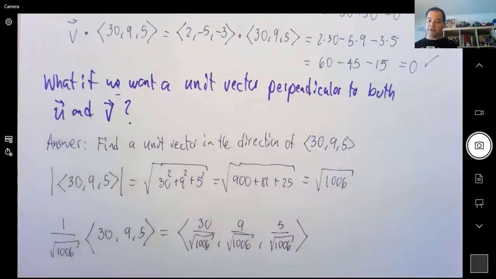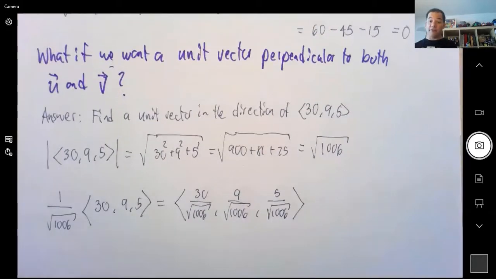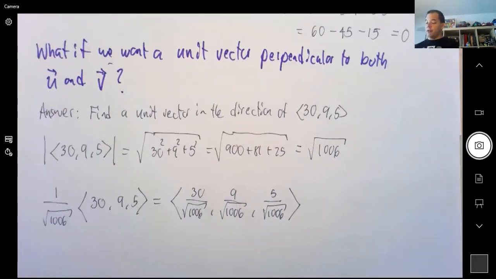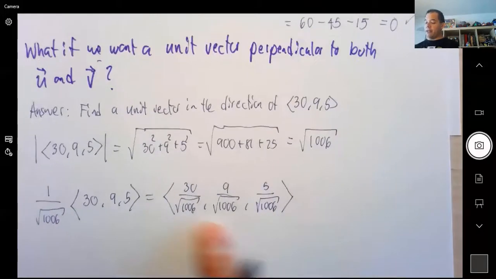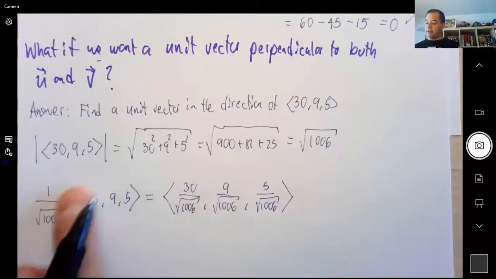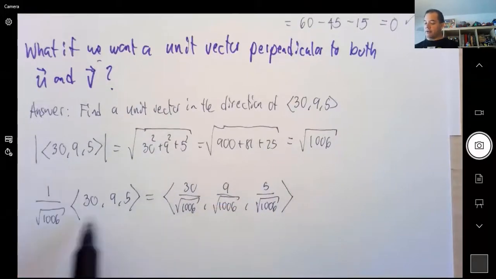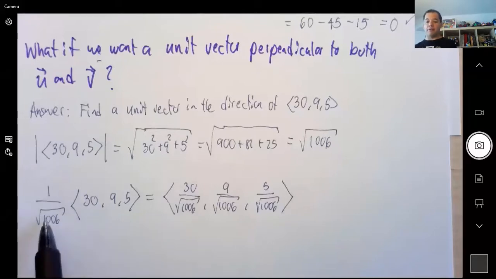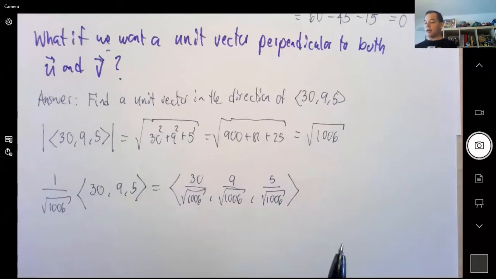And believe it or not, this is a unit vector, right? It makes sense because the length of this one will be the length of the original, the square root of 1006, divided by the square root of 1006. So it will be 1. All right? So either way, we got it. We can get that question.